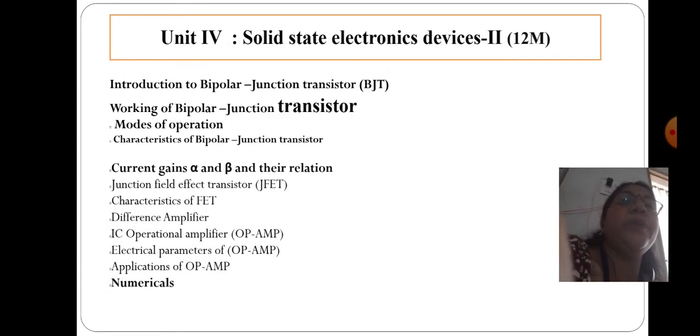Now unit number 4 is also related to solid state electronic devices, which we can call solid state electronic devices 2.